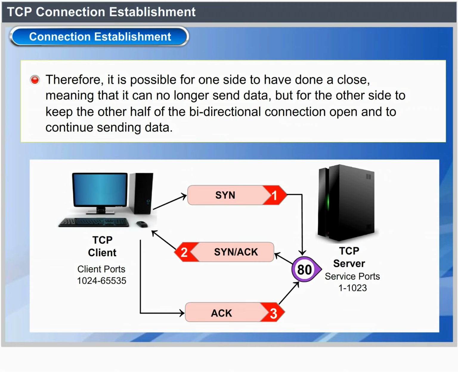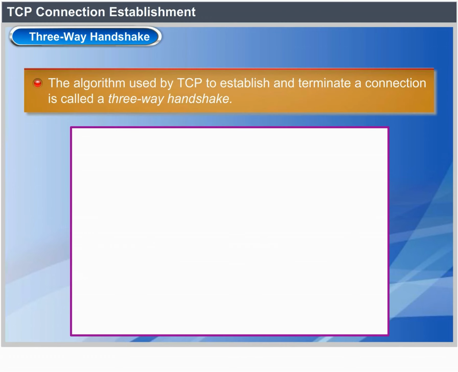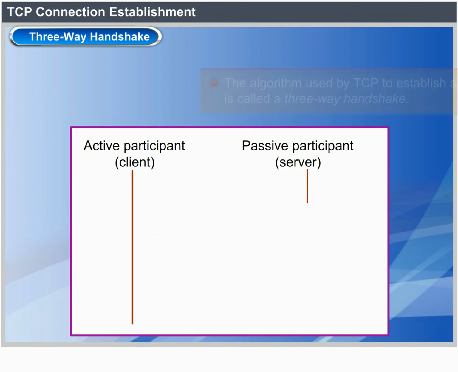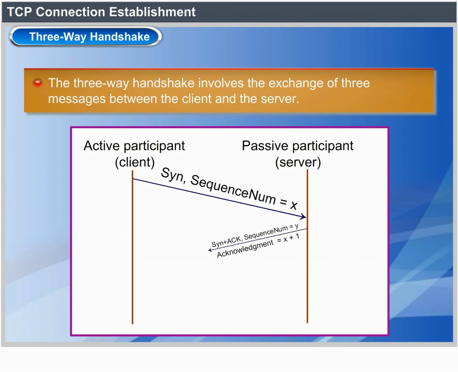Three-way handshake. The algorithm used by TCP to establish and terminate a connection is called a three-way handshake. The three-way handshake involves the exchange of three messages between the client and the server.